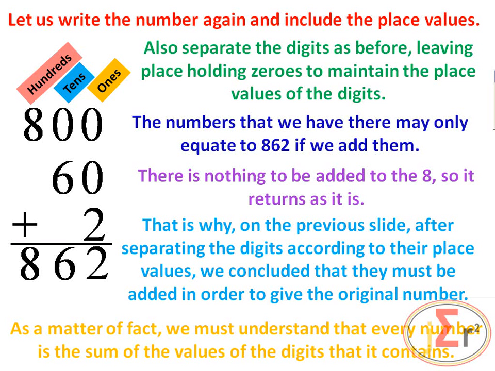And that is what the problem is there to reinforce: when we have a particular number like 862, 862 is the sum of 8 hundreds, 6 tens, and 2 ones. And all of those have to be added together in order to give 862.